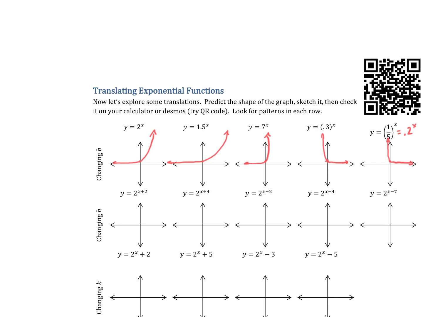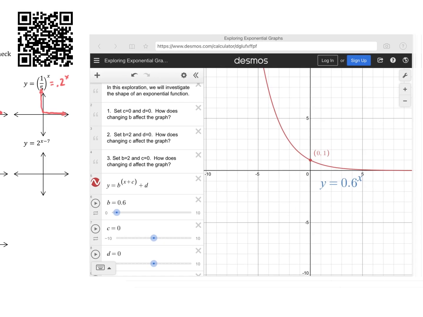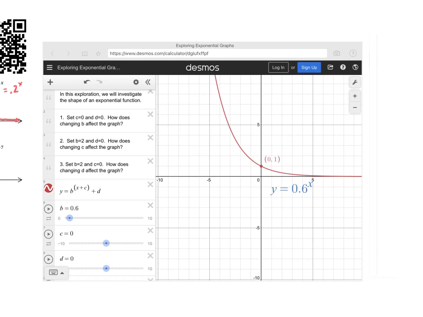Well, what happens if we add something to that x value? So let's leave the base at 2, and let's see what happens when we add or subtract to that exponent. So we're going to set the b value at 2, and we're going to change what we call the c value.